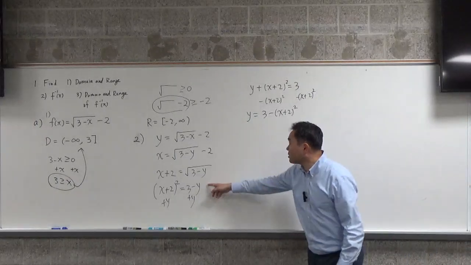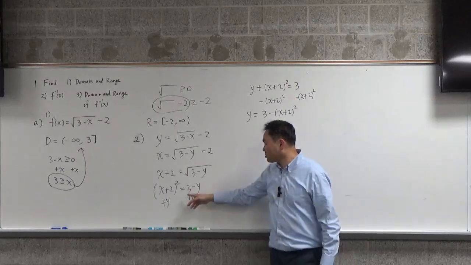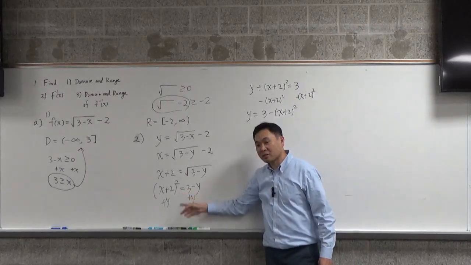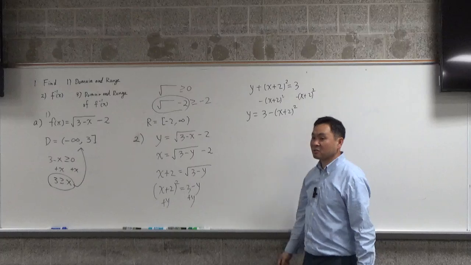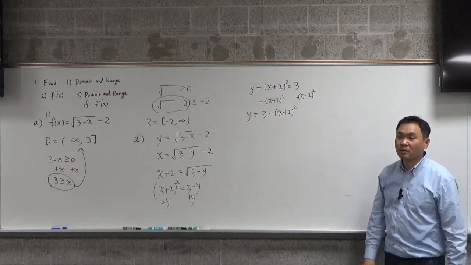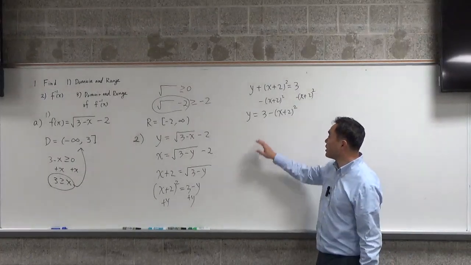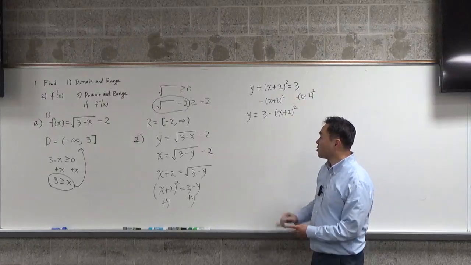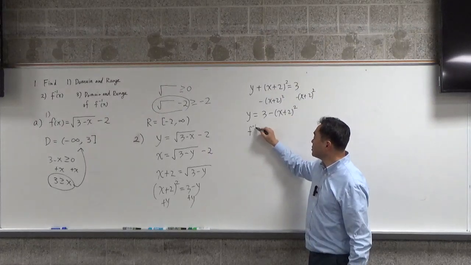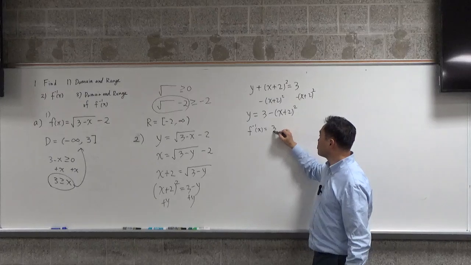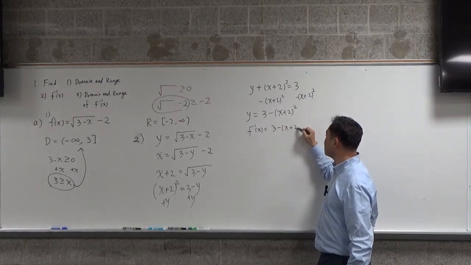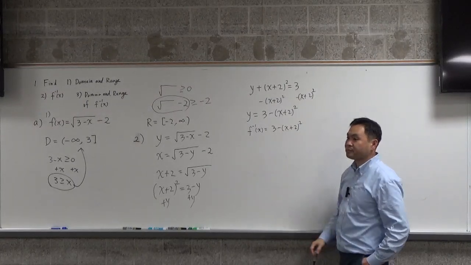Now going from here to there, this is not the only way. Some of you might prefer to subtract 3 and then divide by -1. That's also possible as well. But either way, if you solve for y, this is what you're going to get. Therefore, the inverse function would be 3 minus x plus 2 squared.